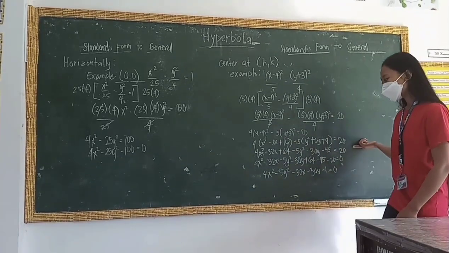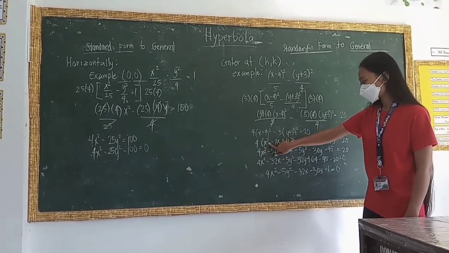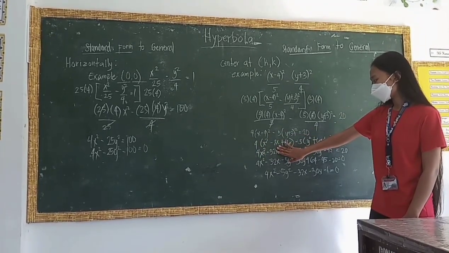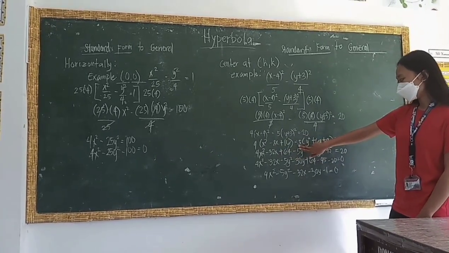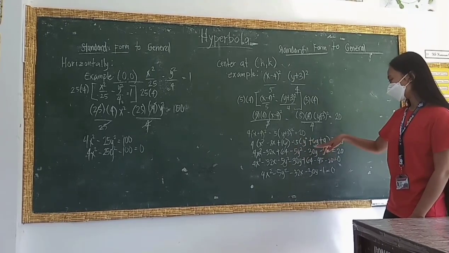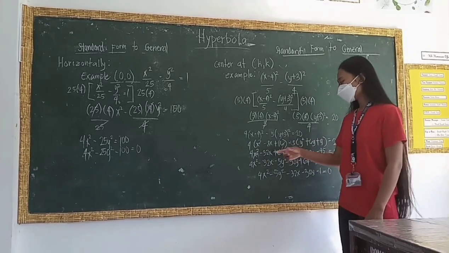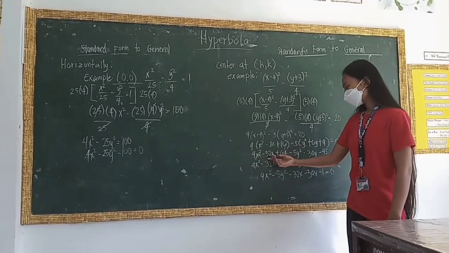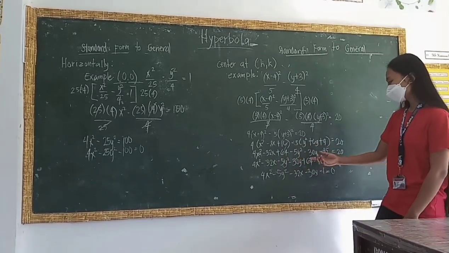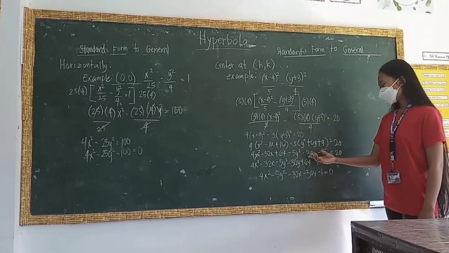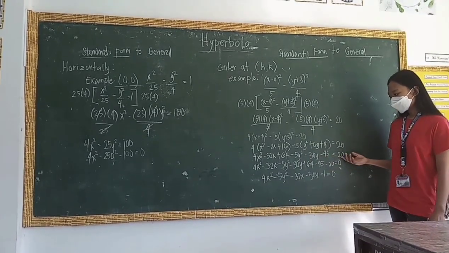And then after that, we will multiply 4 by x squared, negative 8x and 16, and then negative 5 by y squared, 6y and 9. So it will become 4x squared minus 32x plus 64 minus, because it is negative, 5y squared minus 30y minus 45 is equal to 20.